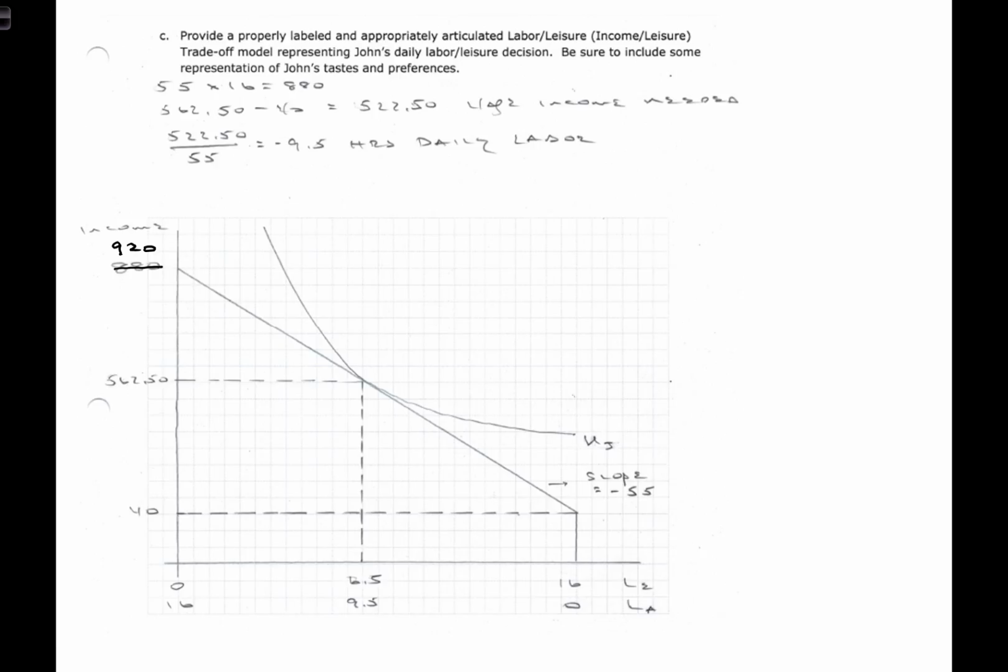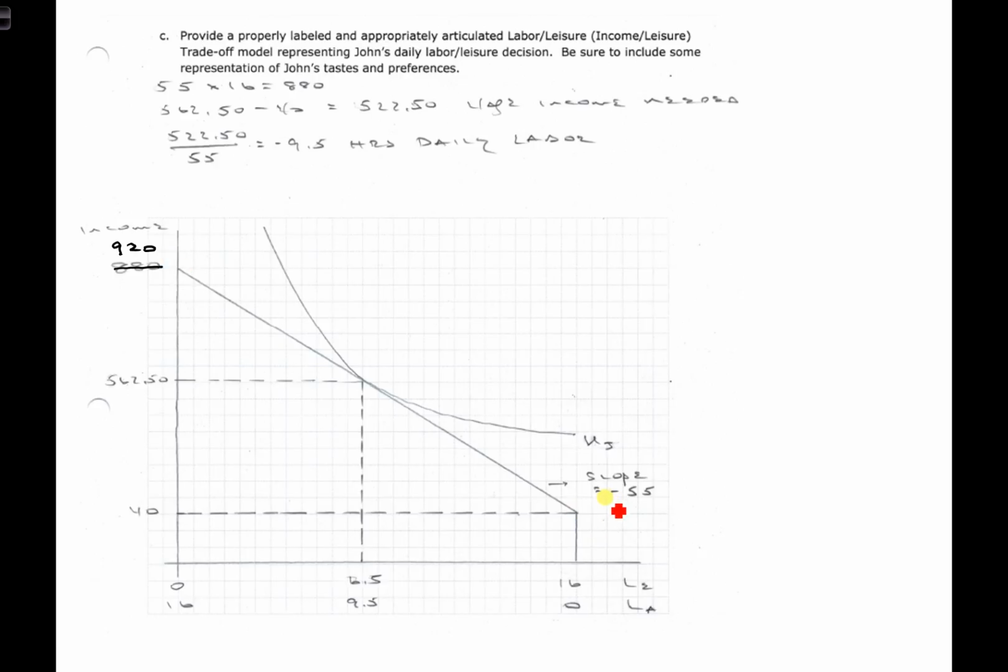Well, in this case, there's a $40 endowment. So at the same 16 hours of leisure, John's able to receive $40. So we've got a straight vertical line coming up to the $40 mark without him even having to get out of bed. Total leisure. And at that point, we have a curve that will go from this point to the y-axis.